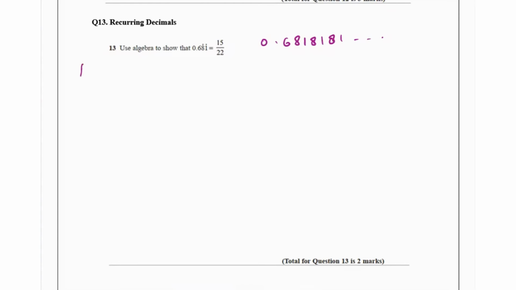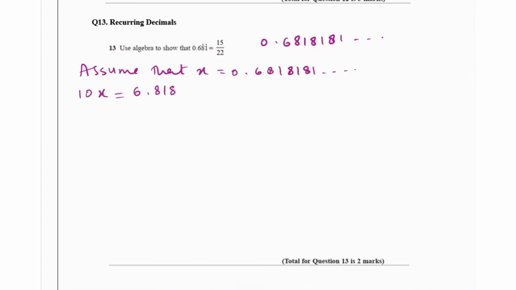Your first step is to assume that x equals 0.681 recurring. Then you're going to multiply x by 10. 10x would be 6.81 recurring. After that, I'm going to multiply it by 1000.